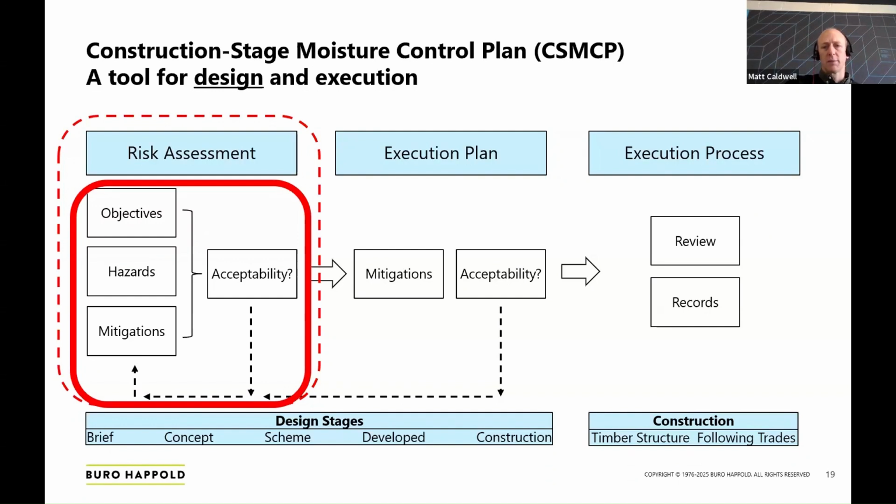If during the project something changes, the geometry of something changes, just consider how that might affect this construction stage moisture plan and update it. It can be hard to put very specific, rigorous numerical measures to it, but even an approximate estimation or a qualitative measure of the risk is still a good place to be. It's still an effective process.